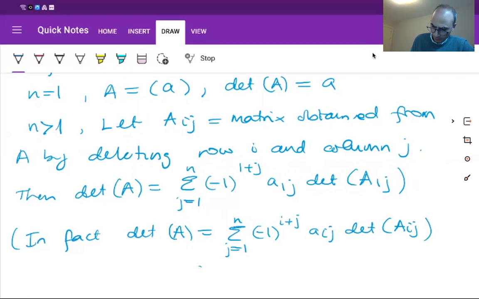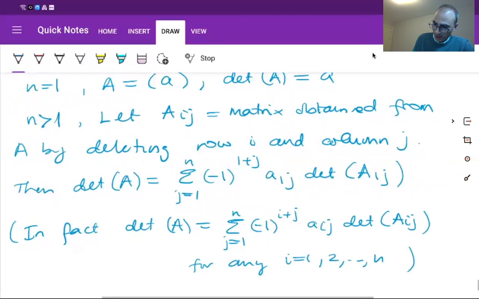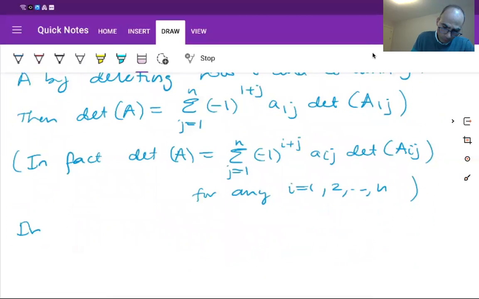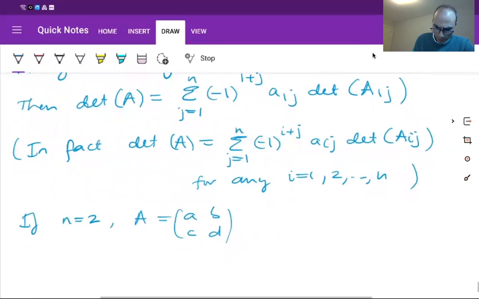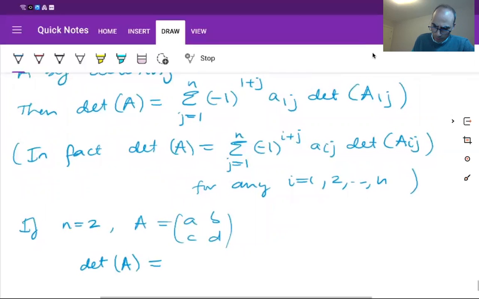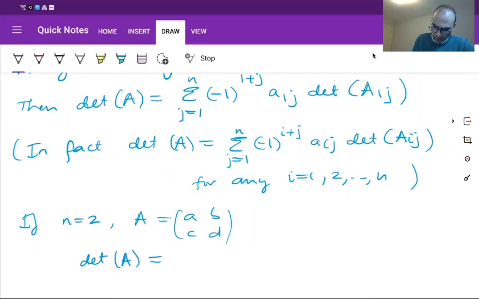Okay, so that's the determinant, and you can easily see that if n equals 2, and A is the matrix a, b, c, d, this definition reduces to the following. The determinant of A is a times d, minus b times c. If you check what we have here, you get exactly this.